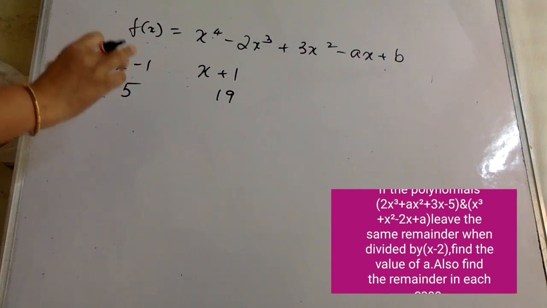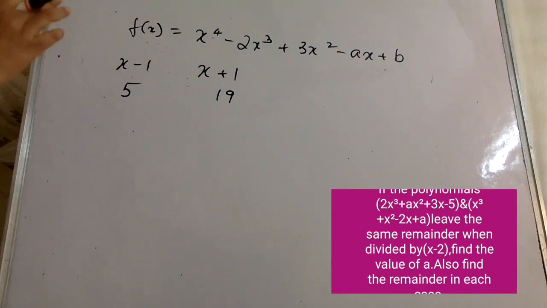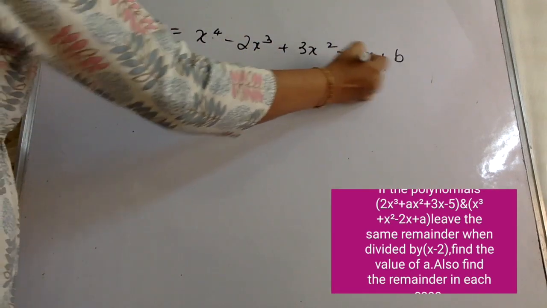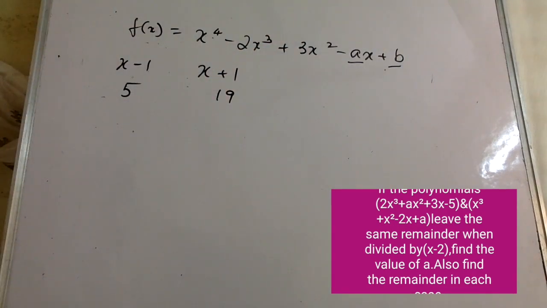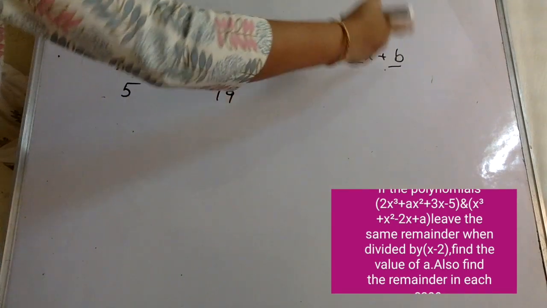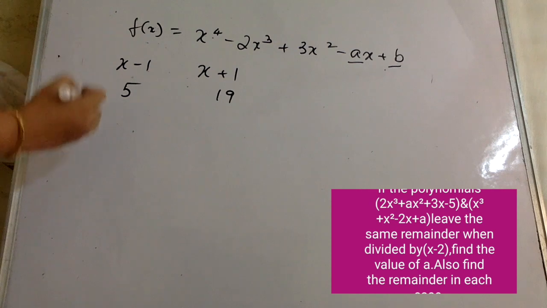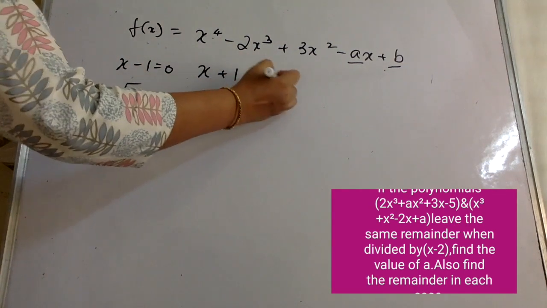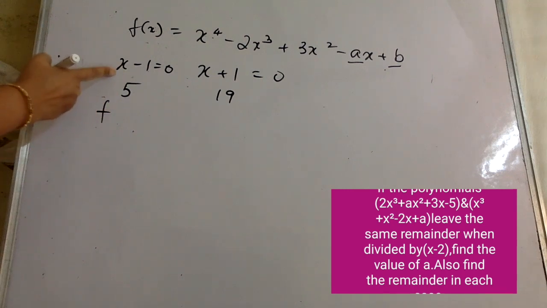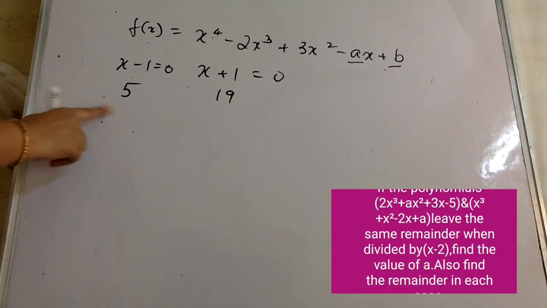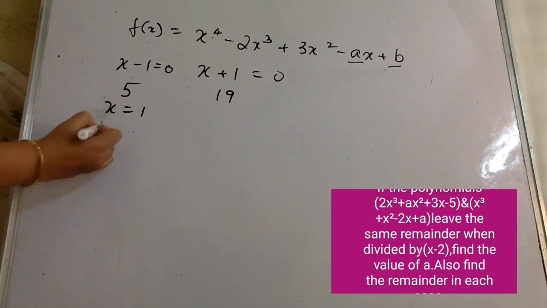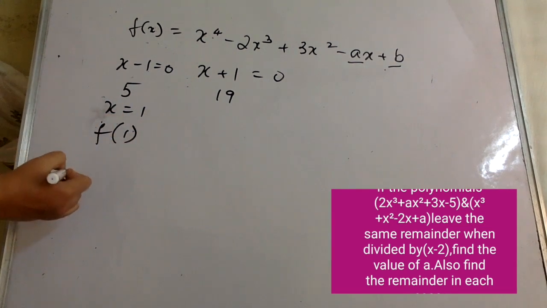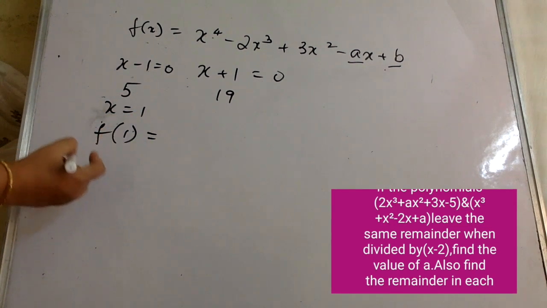Now another thing to be noted in this question is there are two constants here, and it is the value of these constants that they are asking for. So here first I will equate this to 0 and I shall also equate this to 0. So here x is equal to 1, right? So x comes to 1.